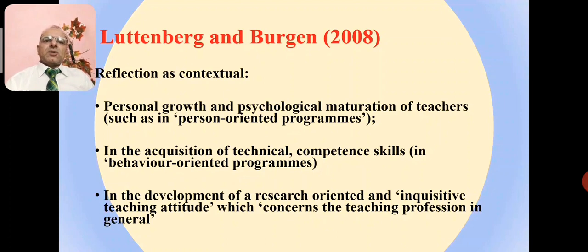They argue that reflection helps the reflective person in three different ways. The usefulness of reflection will be contextual and will depend on its particular use in particular programs and the orientations that are there in that particular program.